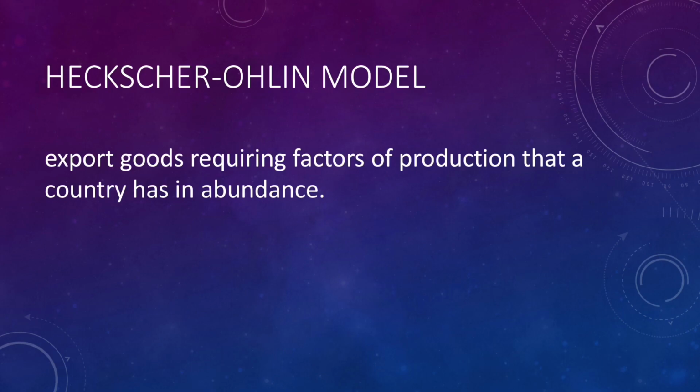According to the Heckscher-Ohlin model, a country should export goods requiring the factors of production that that country has in abundance. We call this the factor endowment. This explains why the Philippines export semiconductors and other computer parts to the rest of the world, considering there is an abundance of unskilled labor in the Philippines.